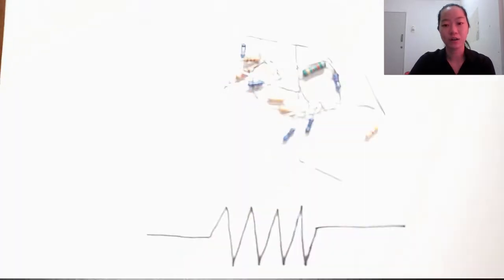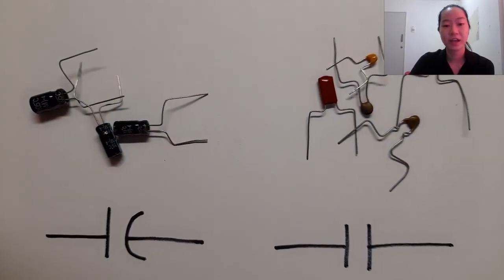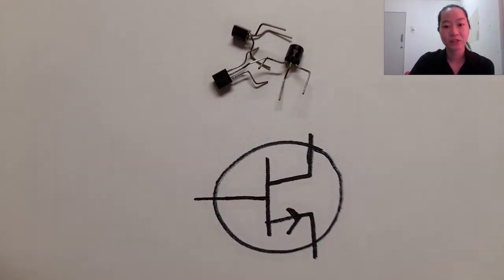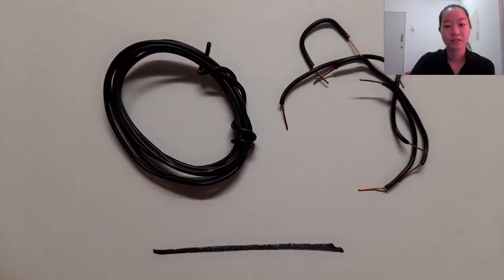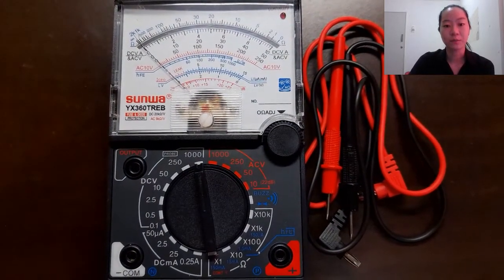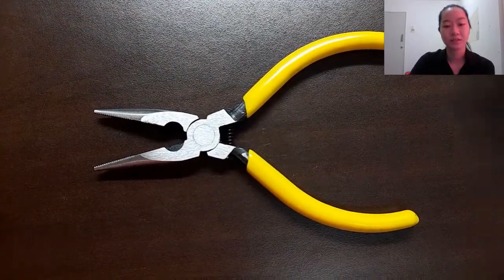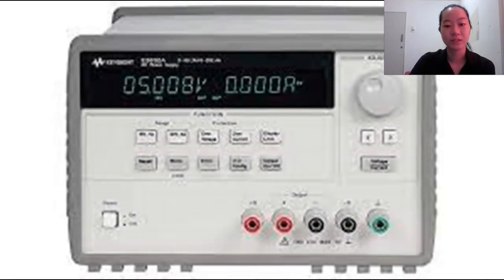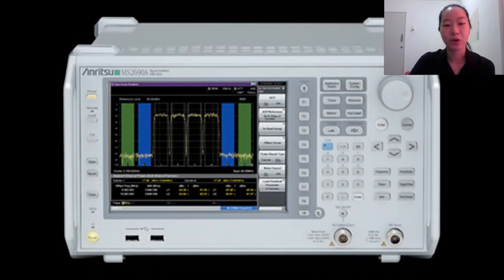The components used are resistors, electrolytic capacitors and capacitors, inductors, NPN transistors, wires, breadboard, multimeter to test the value of components, plier to cut the wires, DC power supply, and signal analyzer to observe the output signal.